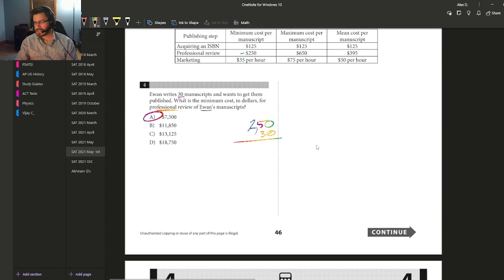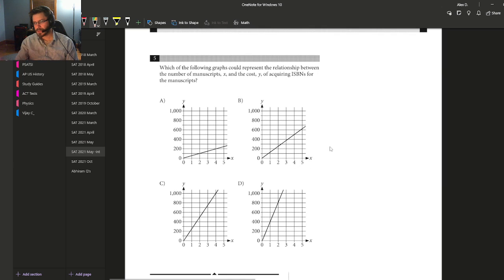So that's the cost per manuscript, so 125 is the slope. They all have the correct y-intercept at 0, so they're not doing anything funky there. And if they have a slope of 250, that means at 1 they should go through 250. Only one of them does that. Hooray.